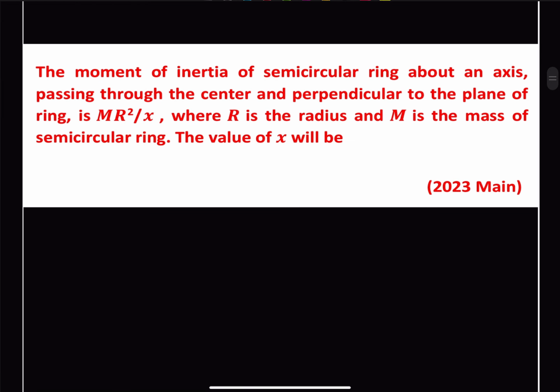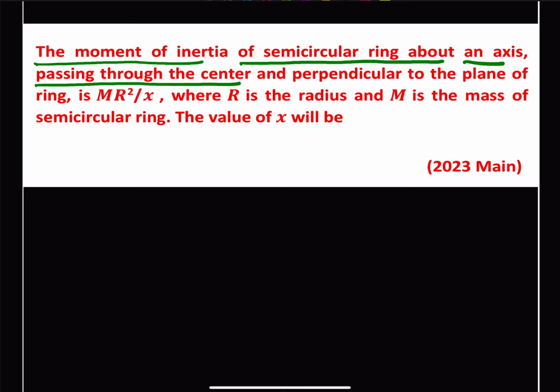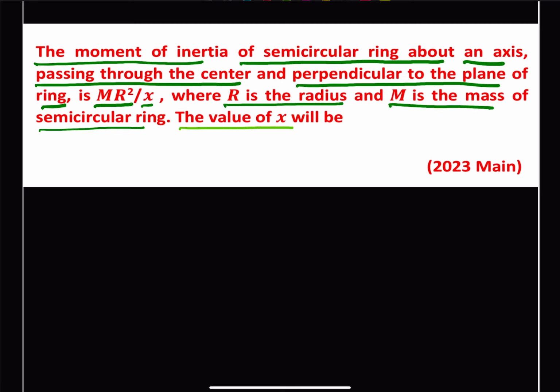It states that the moment of inertia of a semicircular ring about an axis passing through the center and perpendicular to the plane of the ring is M R square upon x, where R is the radius and M is the mass of the semicircular ring. The value of x will be.